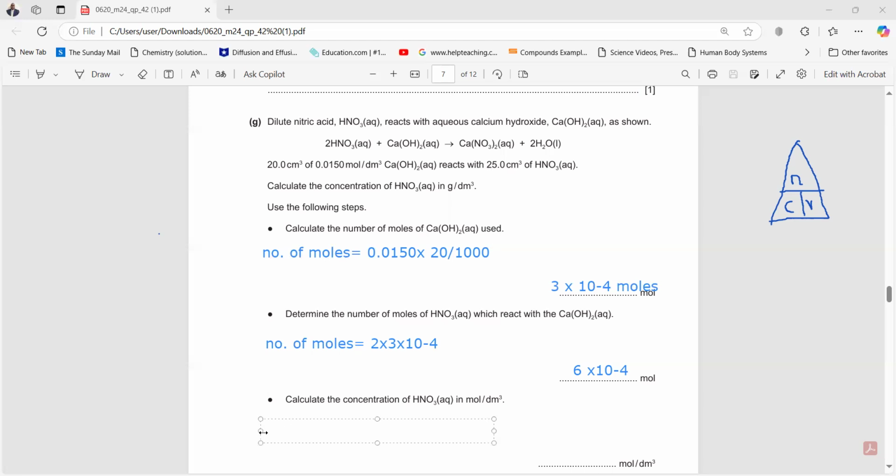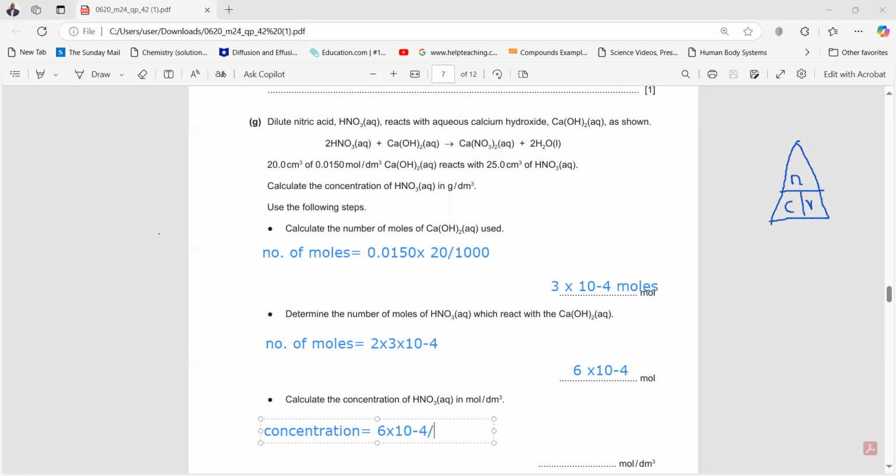So we come here and then we write our concentration. Our concentration is going to be equal to the number of moles that we calculated at the top here, 6 times 10 to the power minus 4. Now we are going to divide by the volume that we are given.